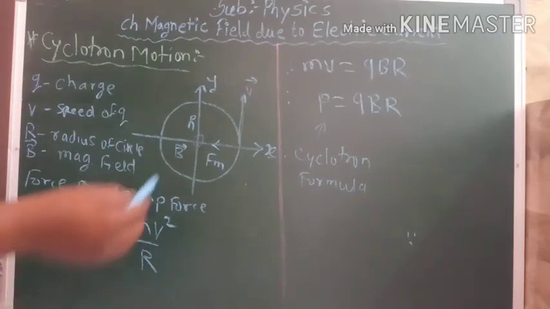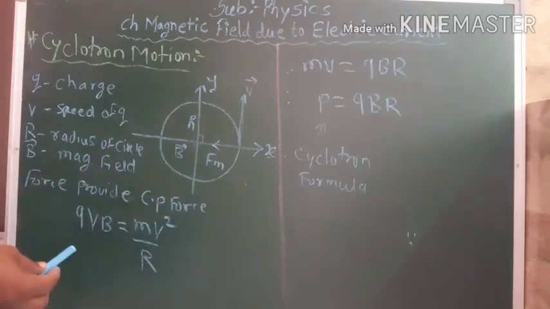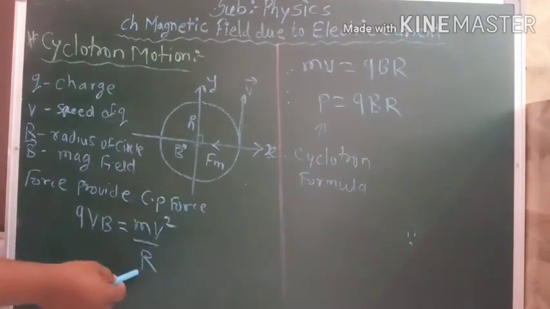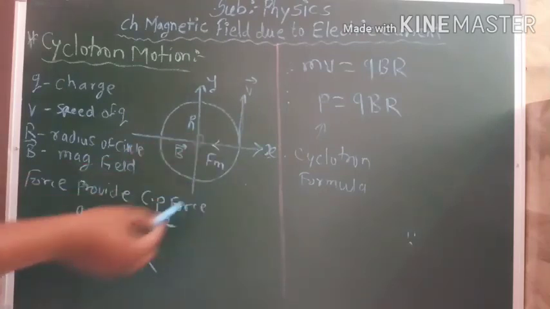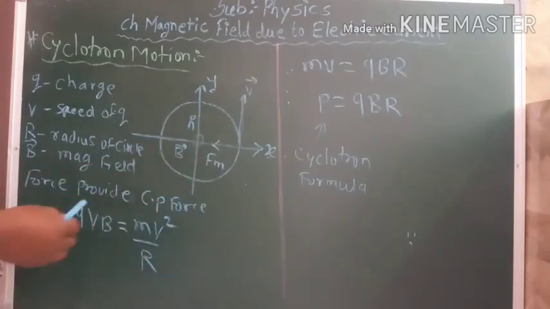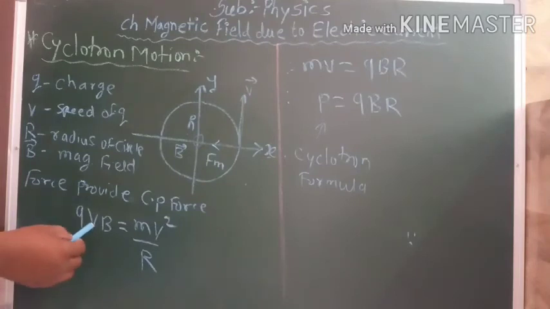That means this Lorentz force provides the centripetal force, so the Lorentz force is equal to the centripetal force, which is mv square upon r. The Lorentz force is QVB, as we learned at the previous point.